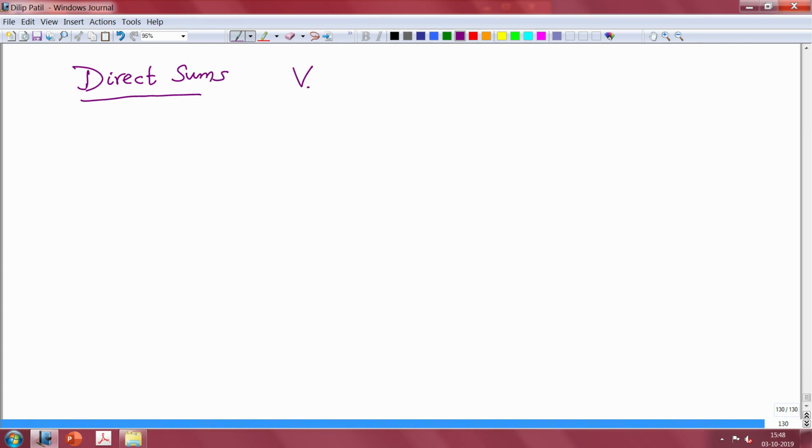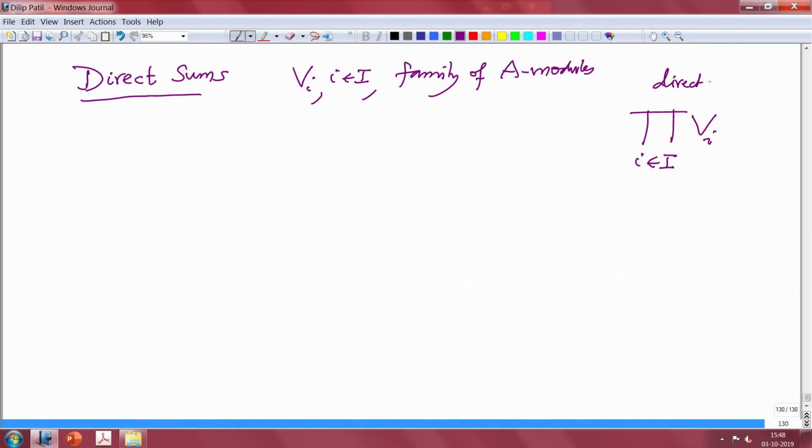So, Vi, i in I, a family of A modules, and we have defined the direct product already. This is the direct product, and I want to consider a sub of this. So, what are the tuples in that sub?